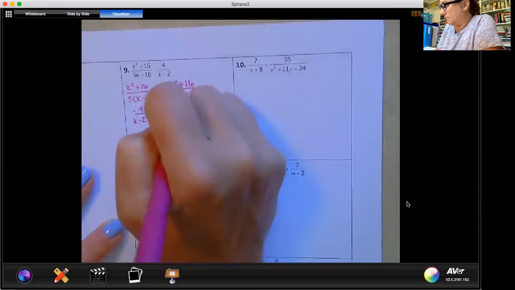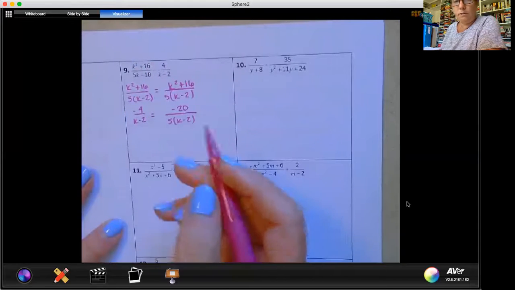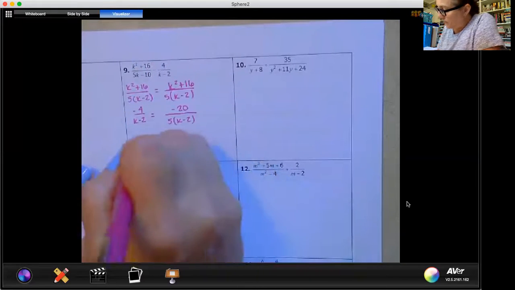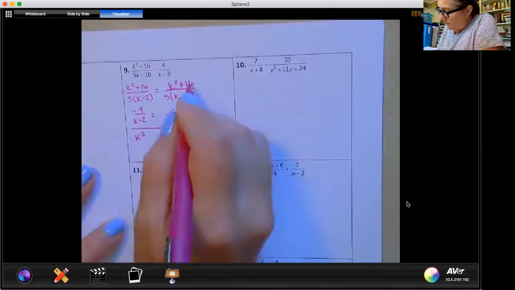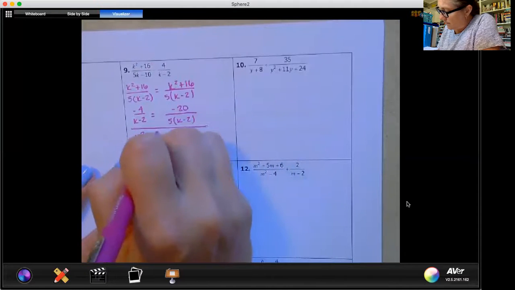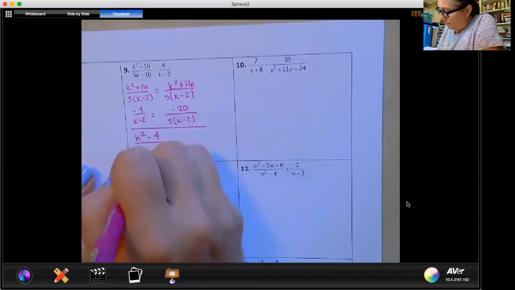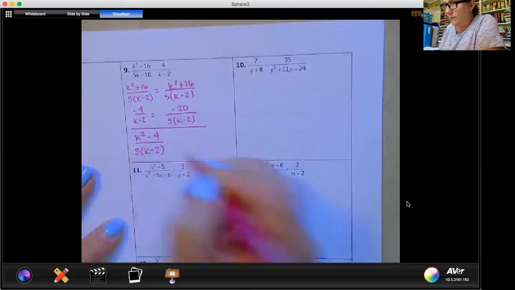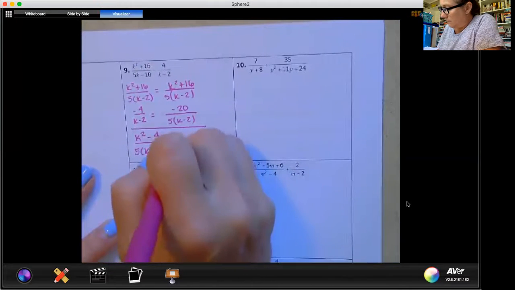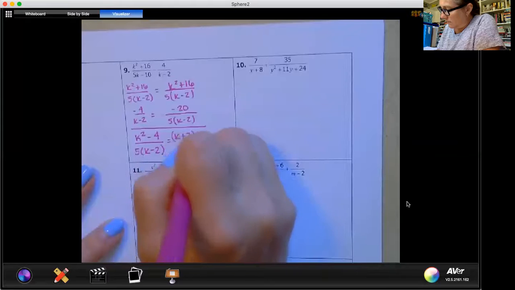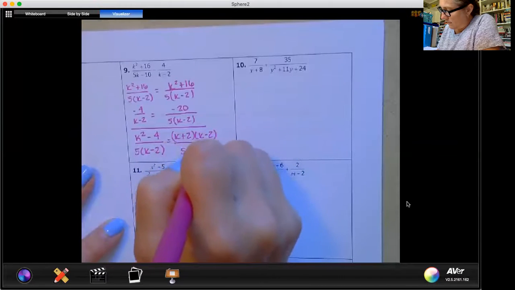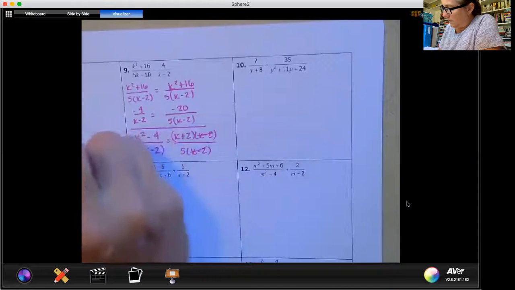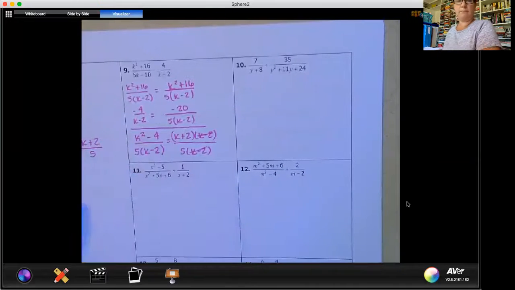This one would be times 5, which is minus 20. So that leads you to add the numerators. K squared plus 16 minus 20 is k squared minus 4 over 5 times k minus 2. And I hope you can see where this is going. Factor. Cancel. And your answer is k plus 2 over 5.